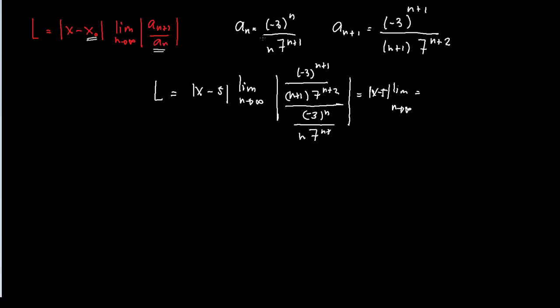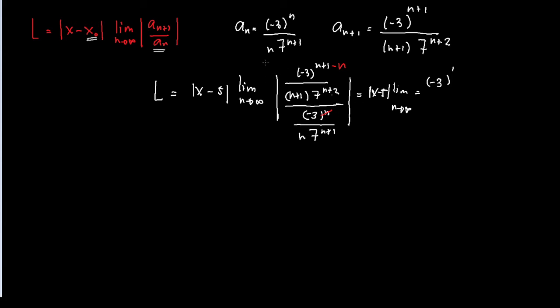Subtracting n from the power of our numerator means that negative 3 on the denominator will be cancelled out, and then what we're going to be left with is negative 3 raised to positive 1. And then from the numerator, we have here a common value, which is 7, and then 7 raised to n plus 2 over 7 raised to n plus 1.